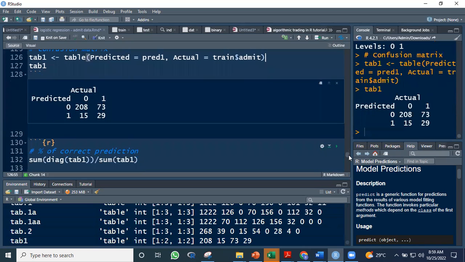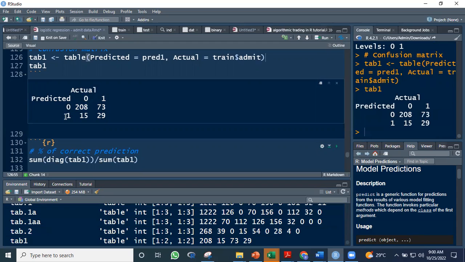Okay. So we can see here, this is the confusion matrix. No? So here, ito yung predict natin na will not be admitted. Tapos yung actual na hindi na-admit is 208. So this is a correct prediction, 208. Predict natin na 0 siya, na hindi ma-admit, pero sa reality, na-admit siya. So maling prediction to, 73.